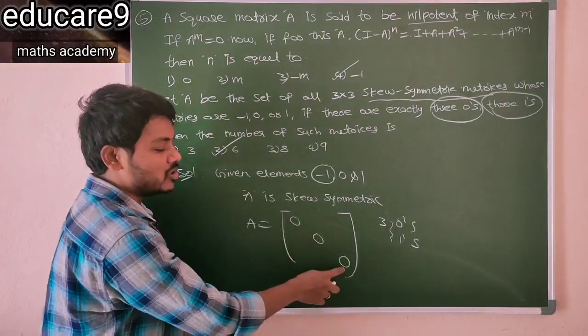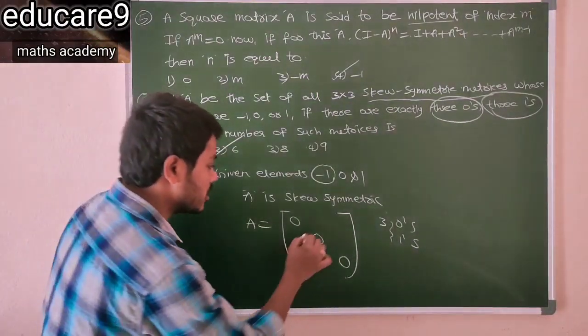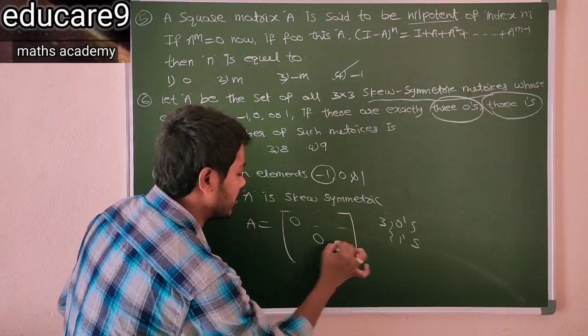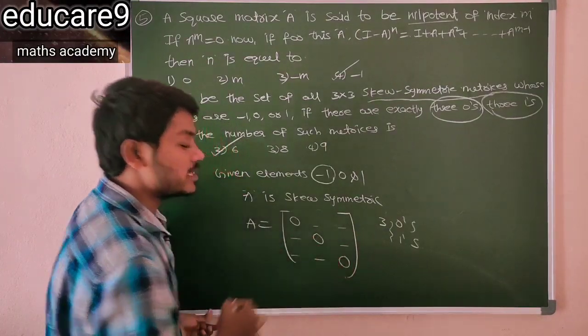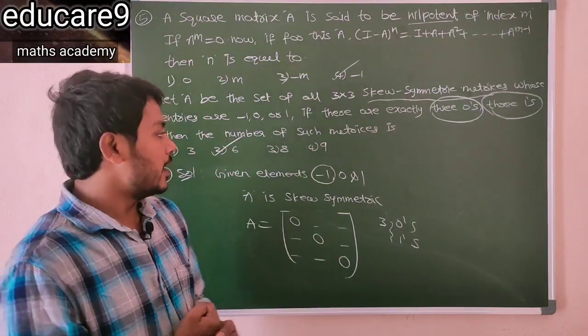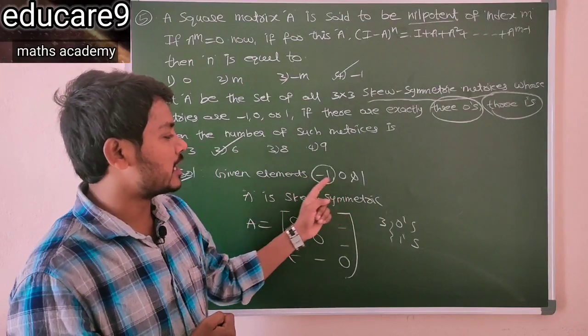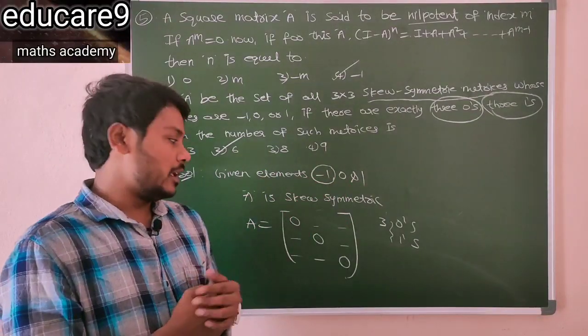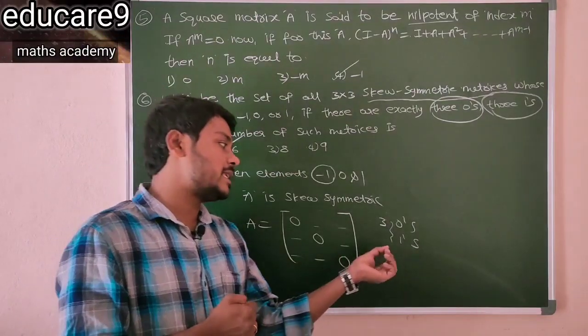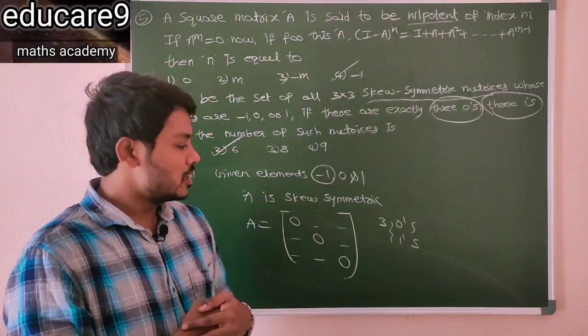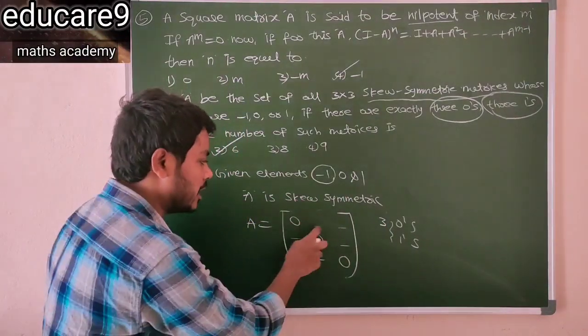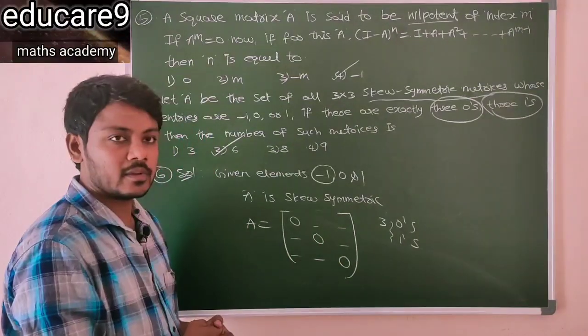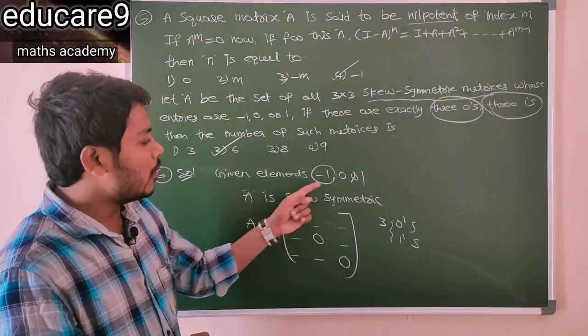So these zeros are fixed. So clearly remaining how many places? 6 places are there and 2 elements are there, that are minus 1 and 1. In this matrix we have to use exactly 3 ones. So either these 3 places or these 3 places. And minus 1.